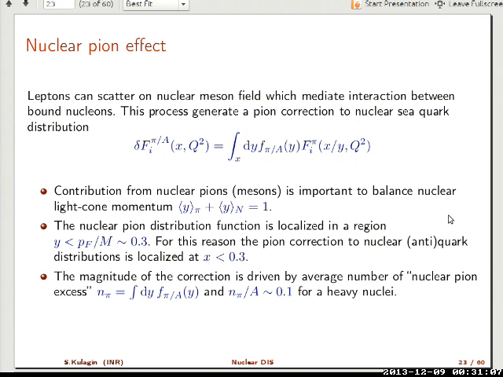That would mean that there is some missing momentum which has to be shared by some field, and the natural thing to do is to consider pion corrections to structure functions that would compensate the missing nuclear momentum.